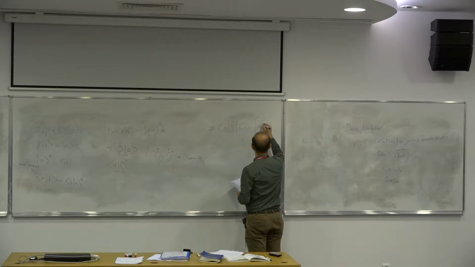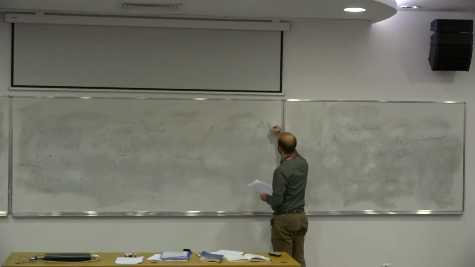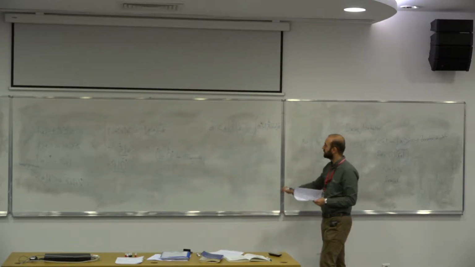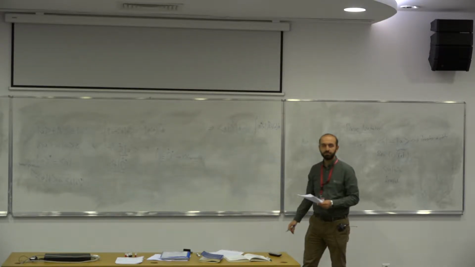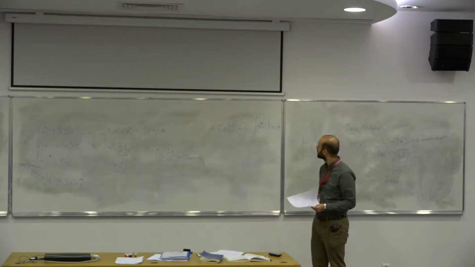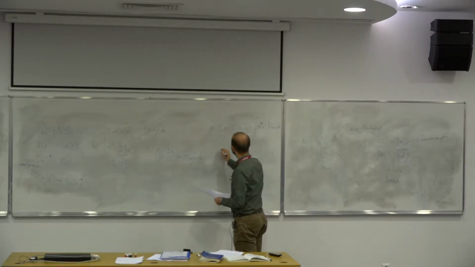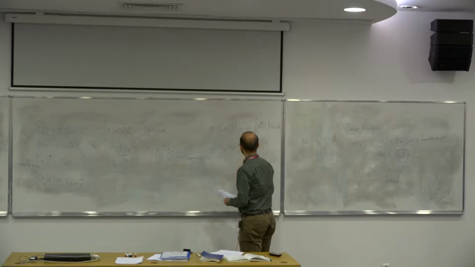I have a function of x, A star, and I have x, B of x, integrated over dx. So this means, well, I don't know what this means, but this is one way of showing that. Another thing we can write is, let's say I have A and B, okay?